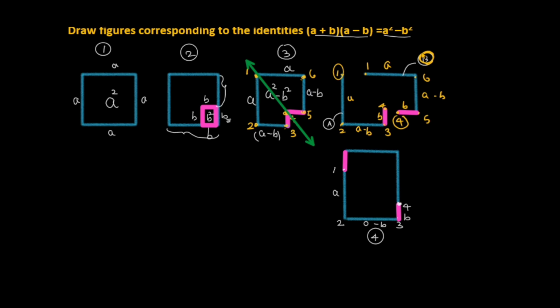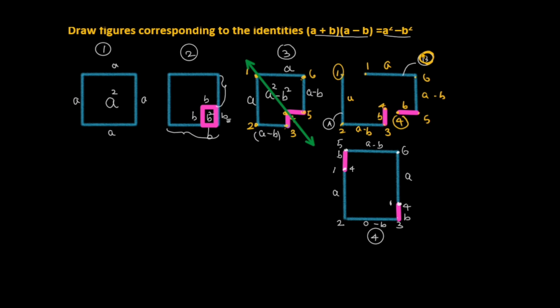Vertex 1 and 6, then this is 5, and here once again we get 4. Vertex 1 and 4 are fixed to each other, and here also 1 and 4. We tilted and fixed it like this. Now the length of 4 to 5 is b, length 5 to 6 is a minus b, then length 1 to 6 is a.